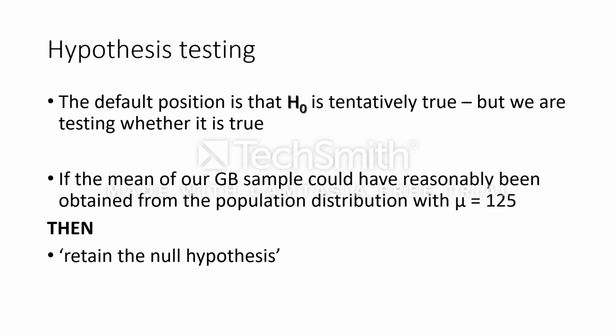So tentatively, researchers choose an unbiased position and assume that the null hypothesis is going to be true unless otherwise proven. So, if the mean of our ginkgo biloba sample could have been reasonably obtained from the population distribution of an average of 125, then we would retain the null hypothesis.